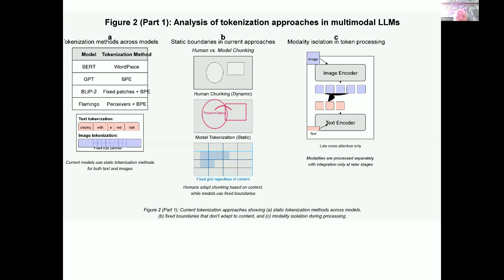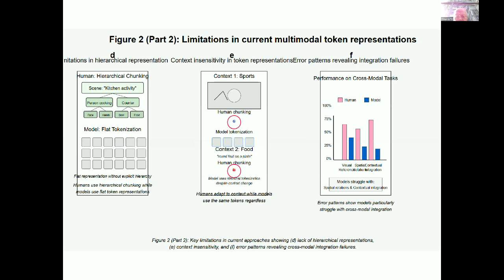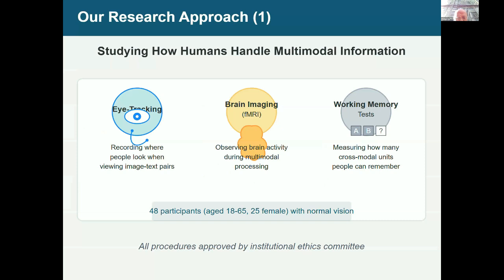You can see, for example, I explain how figure A works, and then you can see B, C, and also D, E, F. Okay, so let's move to the next.